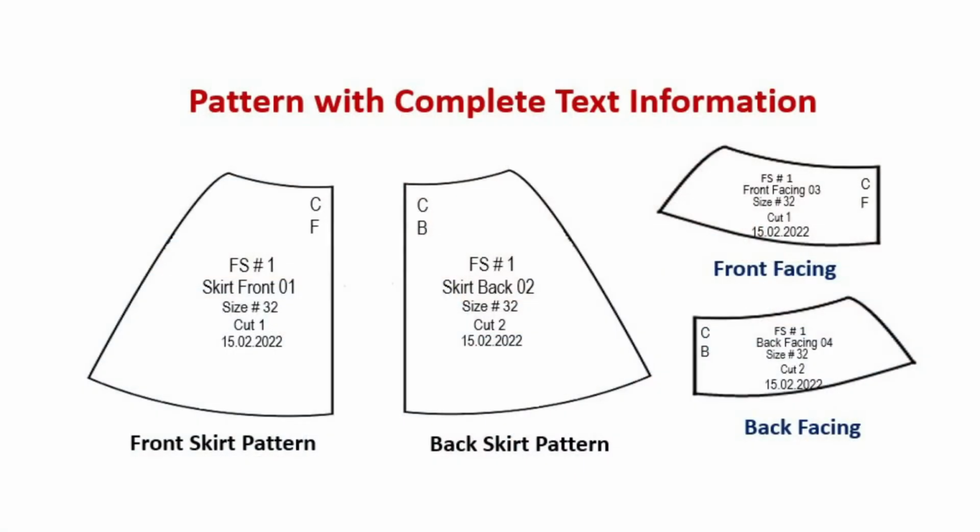This marking indicates that during layout or marker making, all the patterns have to follow the direction of the print or the nap, so that after sewing, the print or the nap remains unidirectional throughout. This information need not be mentioned if the fabric does not have unidirectional features. These are the most commonly used text information on a pattern.